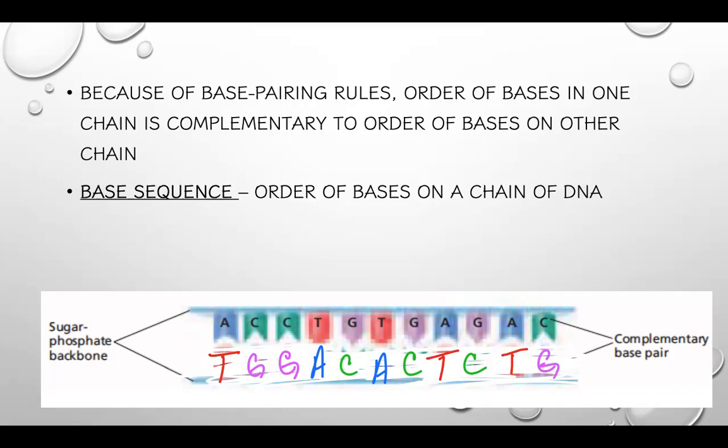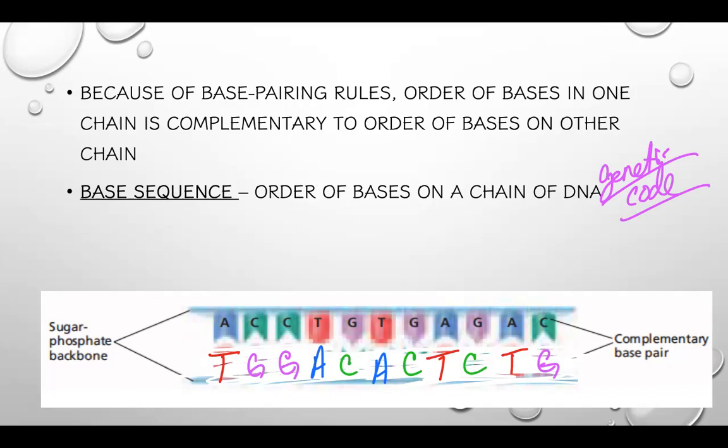This is what's called the base sequence, the order of bases on a chain of DNA. This is part of what's called the genetic code. The sequence of bases is going to determine the sequence of amino acids in a protein chain.